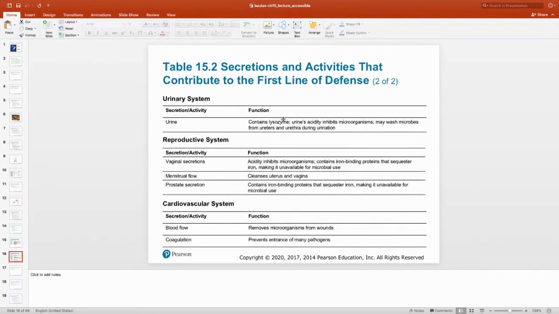When we look at the urinary system, it secretes urine. Urine also has a lysozyme in it, but urine is also acid, with a low pH, so that's going to inhibit microorganisms. Vaginal secretion is, again, acid, so it inhibits microorganisms, and it sometimes kills sperm.